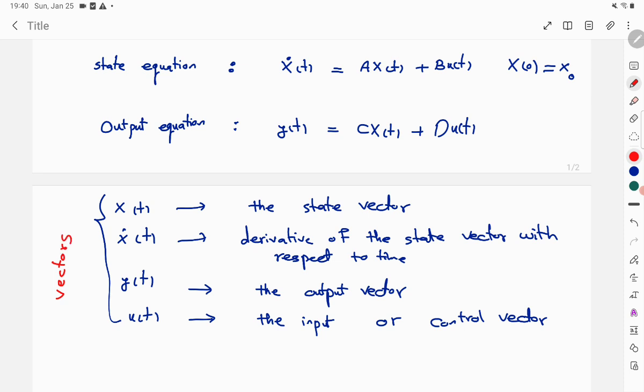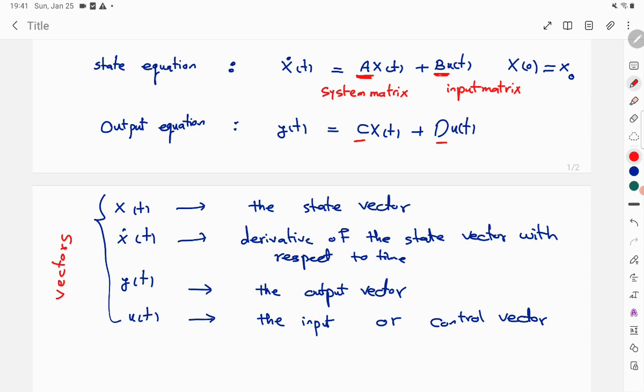And then we will have the matrices A, B, C, D. A is the system matrix, and this is really important to design. We'll see later. B is the input matrix, which relates the first derivative of the state to the input of the system.